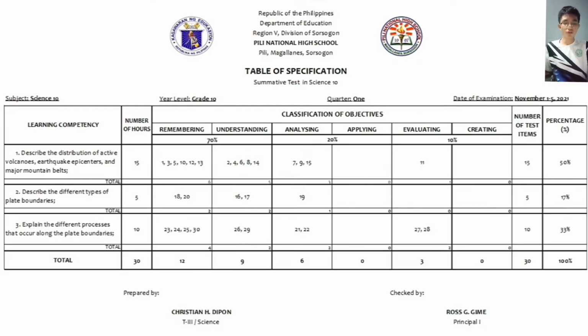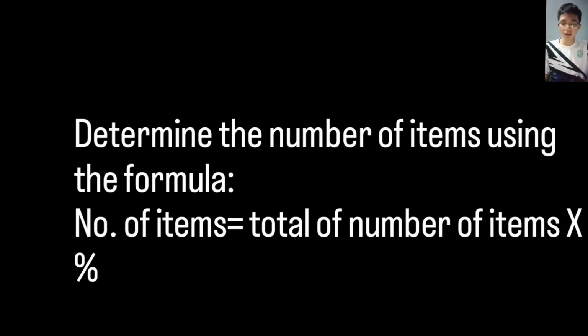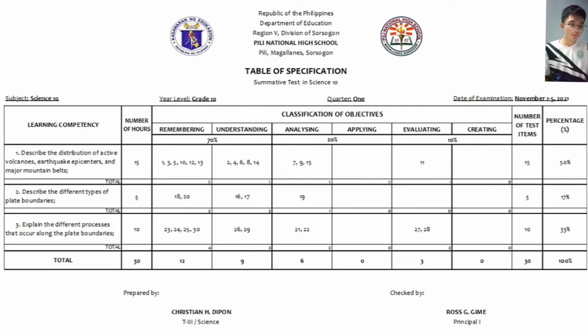So now let's move on to how we get the number of items for each learning competency. Here is the formula: the number of items is equal to the total number of items times the percentage. We use the results we solved earlier. The total number of items in this example is 30 items.